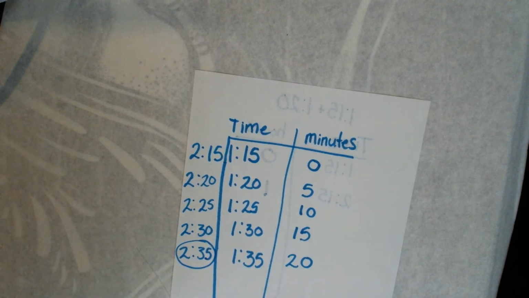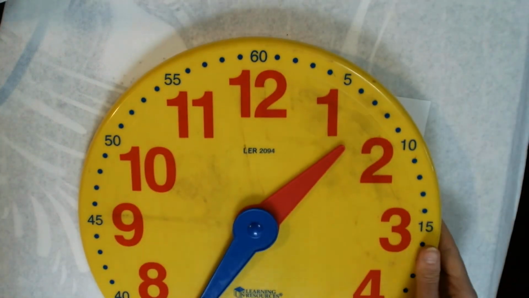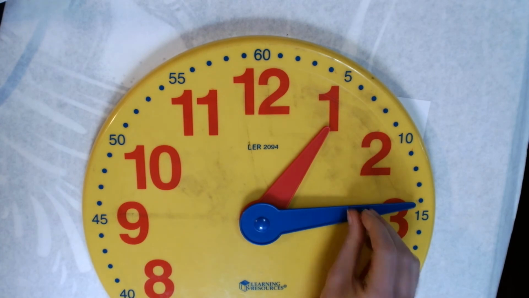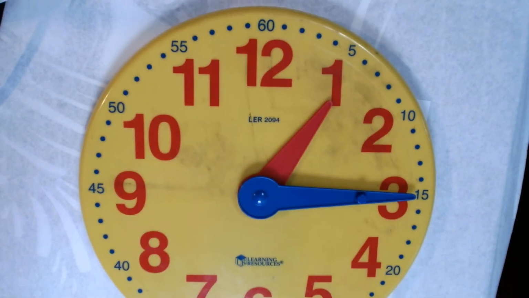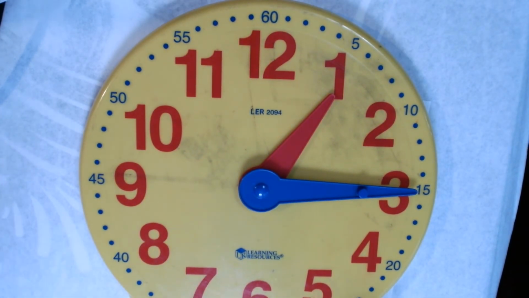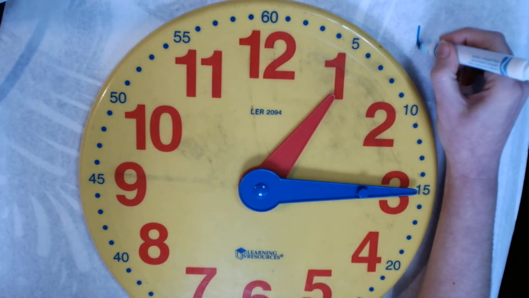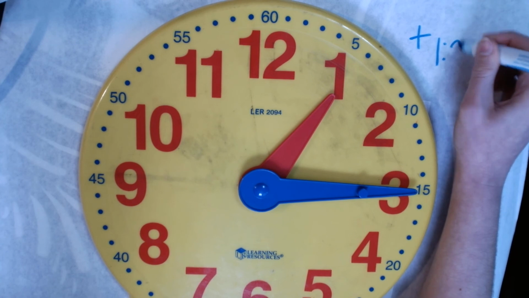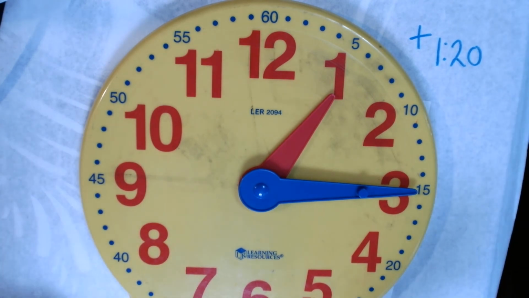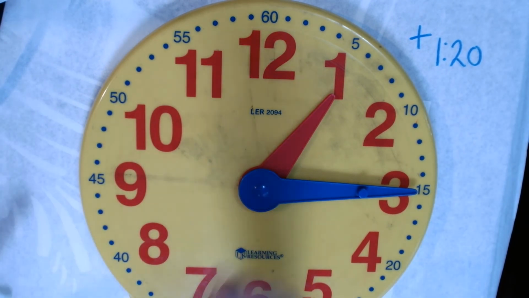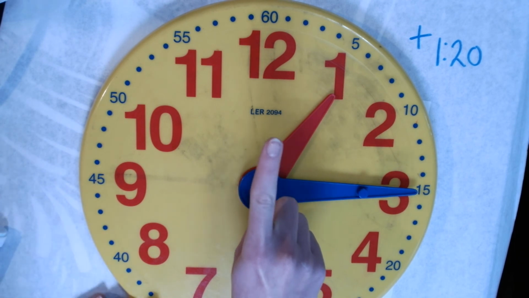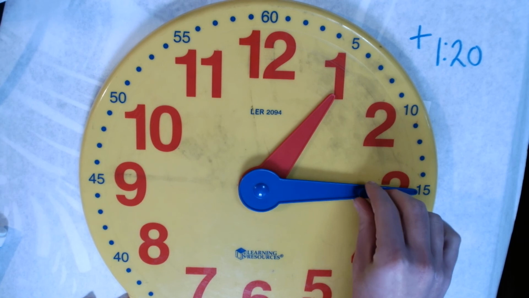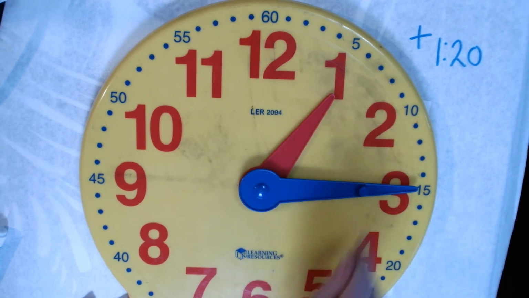Let's look at that on the clock. If we have 1:15 and we're going to add, so we're going to say plus 1 hour and 20 minutes. The first thing I'm going to do is I'm going to add the full hour. And what's really neat is you can count an hour on the clock from any starting place.